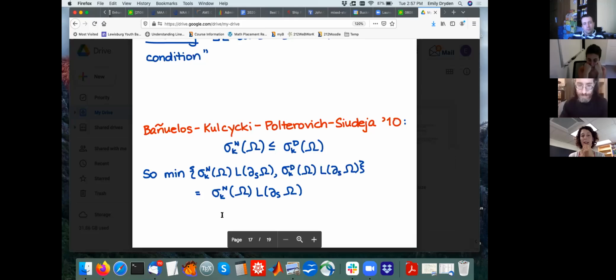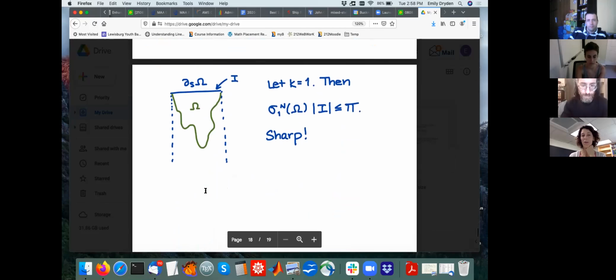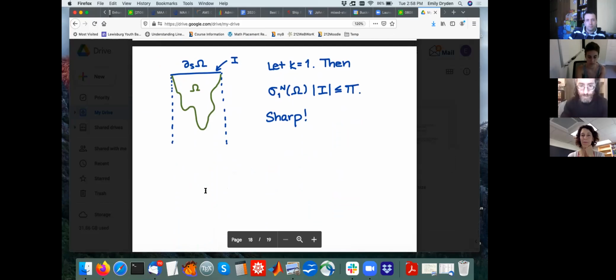So here we again get an immediate bound applied to this condition where our domains satisfy a weak John's condition. And in fact, that bound is sharp. Here's my picture for sharpness. I'm just looking at the first normalized Steklov-Neumann eigenvalue. I have this interval I across the top, and the domains that show it is sharp are just I crossed with the open interval (negative n, 0), so just rectangles.